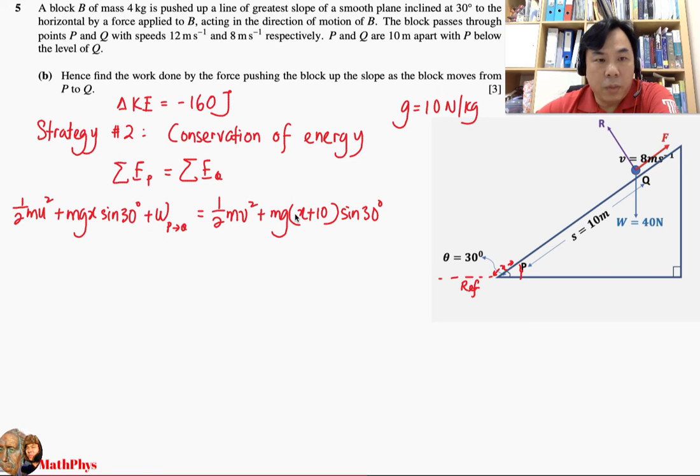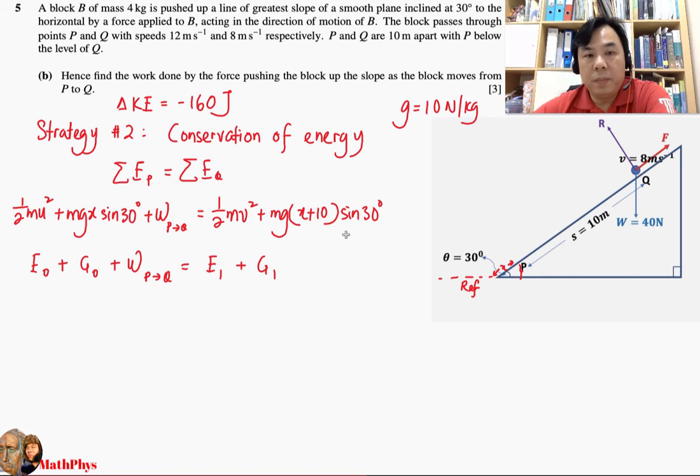So you can see that from here, instead of writing this, I can write this down as my initial kinetic energy. This is my initial gravitational potential energy, and then this is work done. This is my final kinetic energy, and then this is my final gravitational potential energy. Okay, and then all I need to do is just rearrange this.